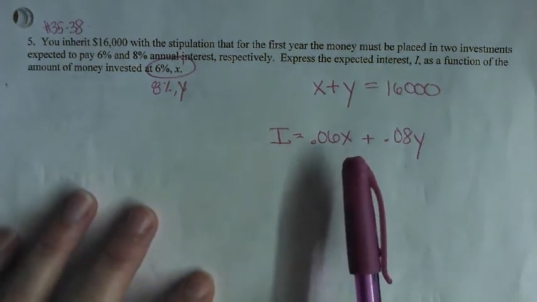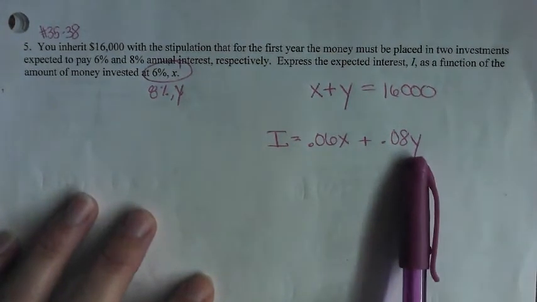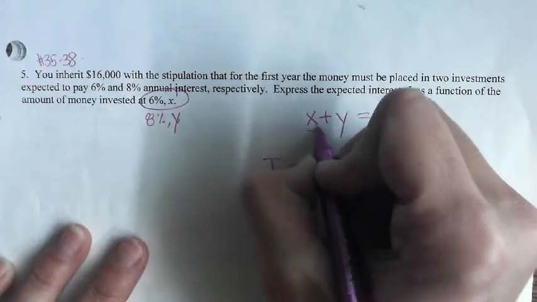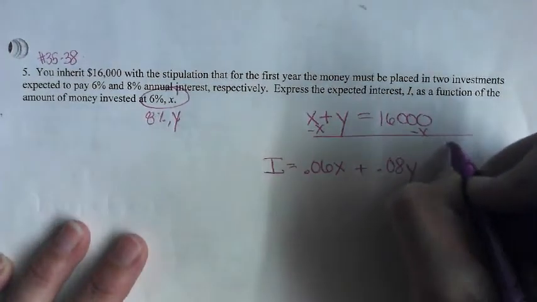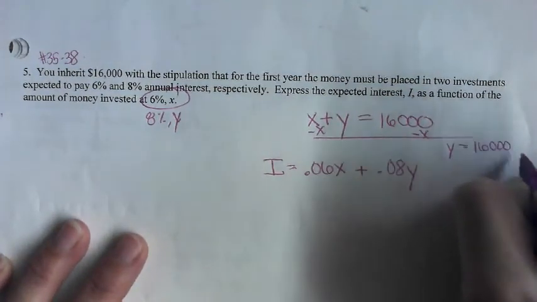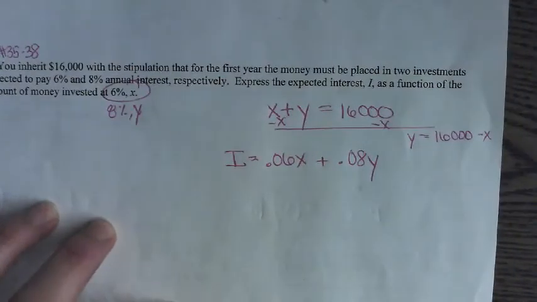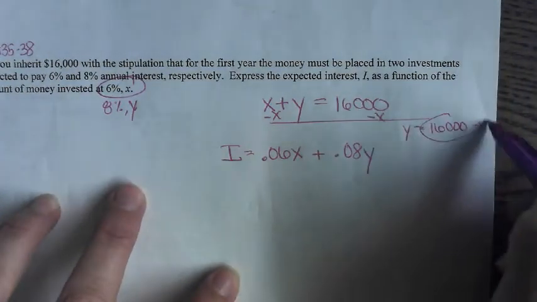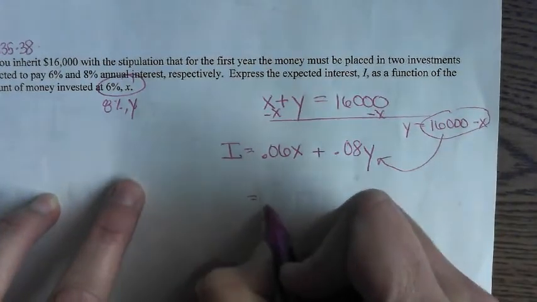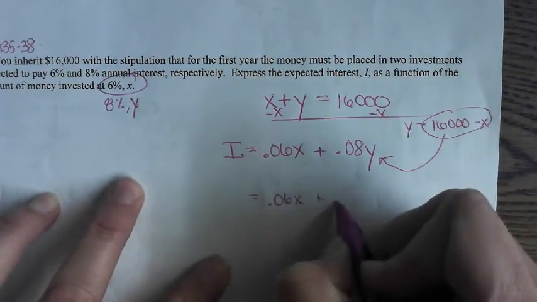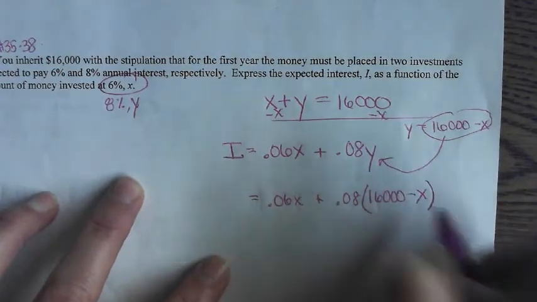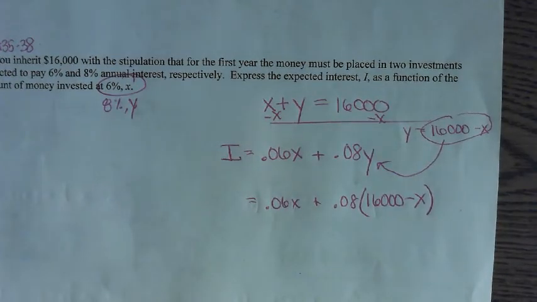So right now it's in terms of x and y, so I need to get rid of the y. How do I get rid of the y? I go back to the other equation and find something that I can substitute in for y. Take that, put it down in there, and you're done. In simplest form, you just distribute.